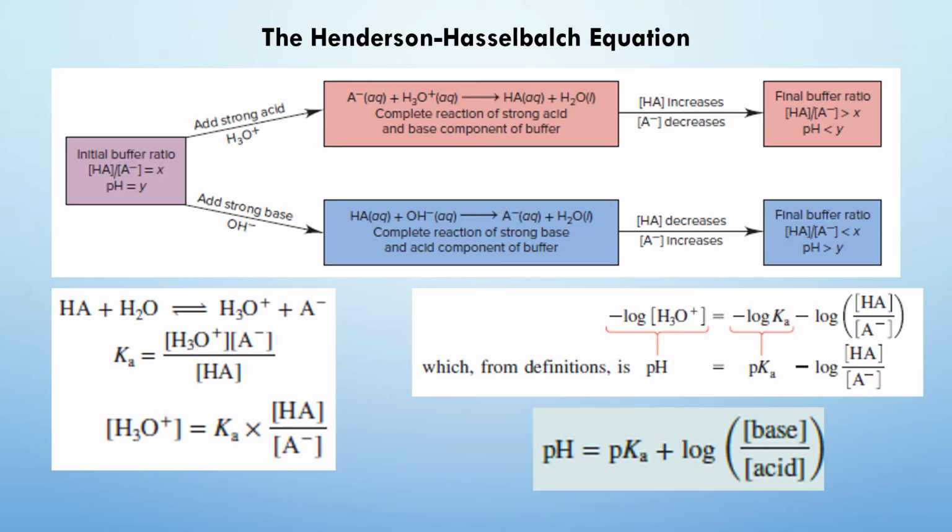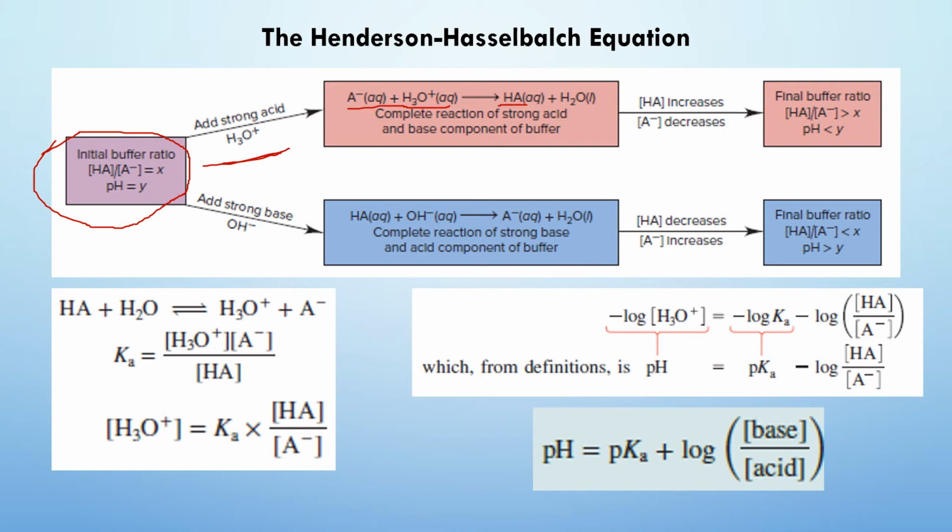So to conclude what we just learned, we can look at the figure on top. This diagram gives you a very good idea about what happens to the pH when the relative ratio of the acid and its conjugate base changes. If you have a buffer system and you add a strong acid, that strong acid will consume some of the conjugate base.